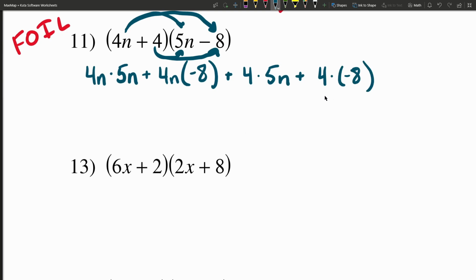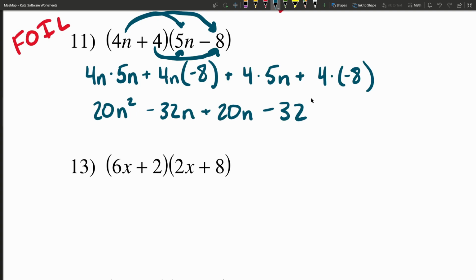Simplifying each of these multiplications and then simplifying the overall expression, 4n times 5n is going to be 20n squared, plus 4n times negative 8 is going to be minus a 32n. Since that's going to be negative, I'll write it as subtracting. Then we're going to add 4 times 5n, which is 20n. And then finally, we're going to be subtracting, since 4 times negative 8 is negative 32, subtracting a 32.